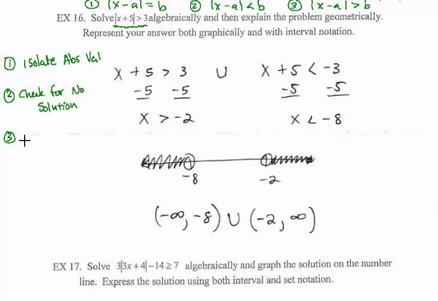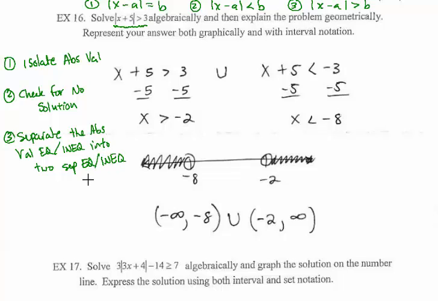Step 3 would be to separate the equation, the absolute value slash inequality, into two separate equations or inequalities, whichever one you're dealing with.